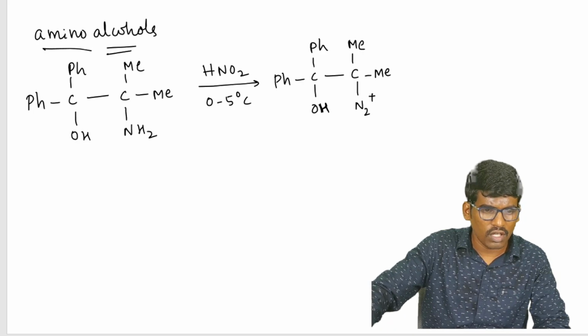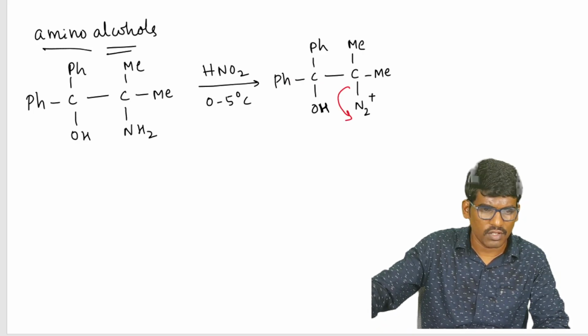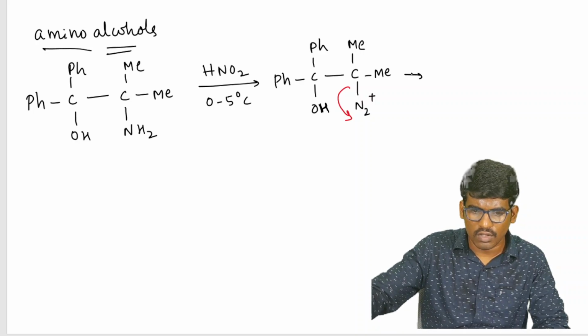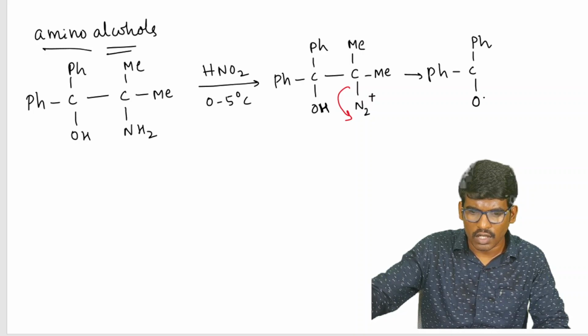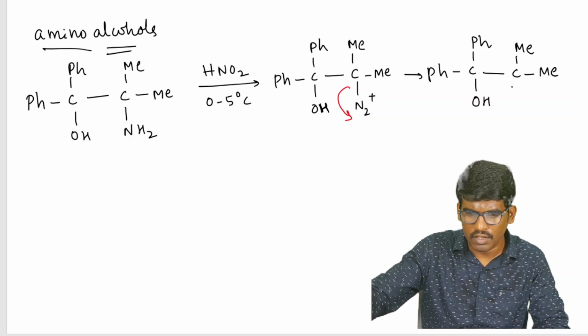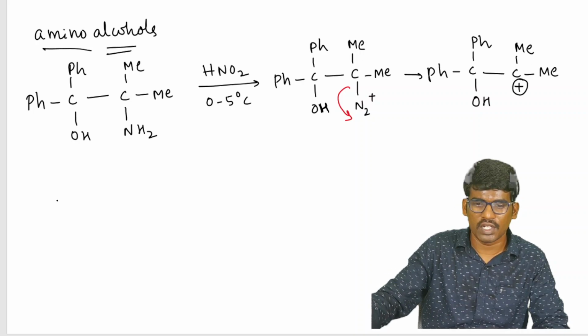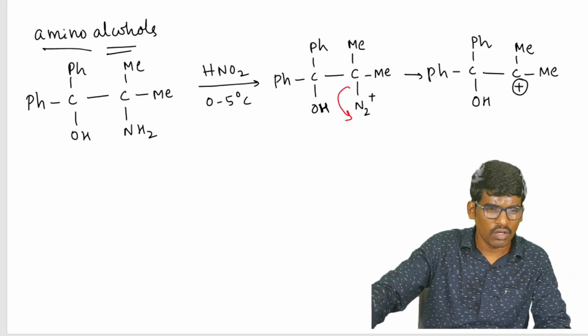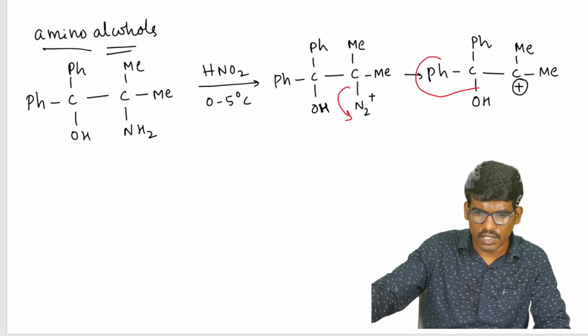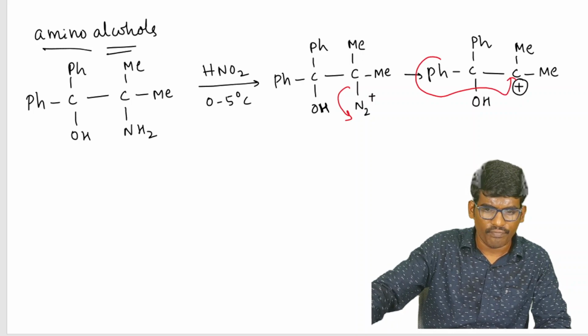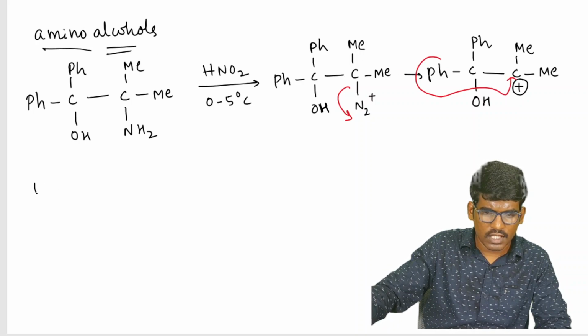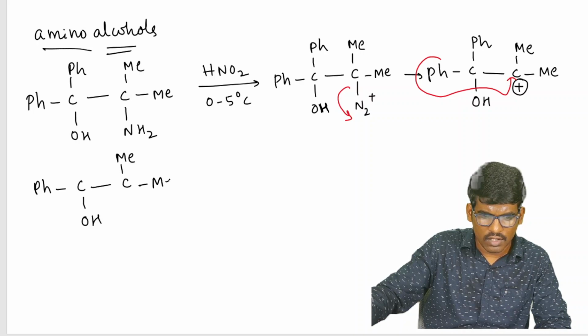Now we are going to remove this as nitrogen. Then we get a carbocation. This is OH, CMe, Me. This carbon acquires a positive charge. Then obviously, what we are going to do? We are going to shift the phenyl group to compensate that positive charge here. So then we are going to get Ph, C, OH, and here C, Me, and it is also Me.